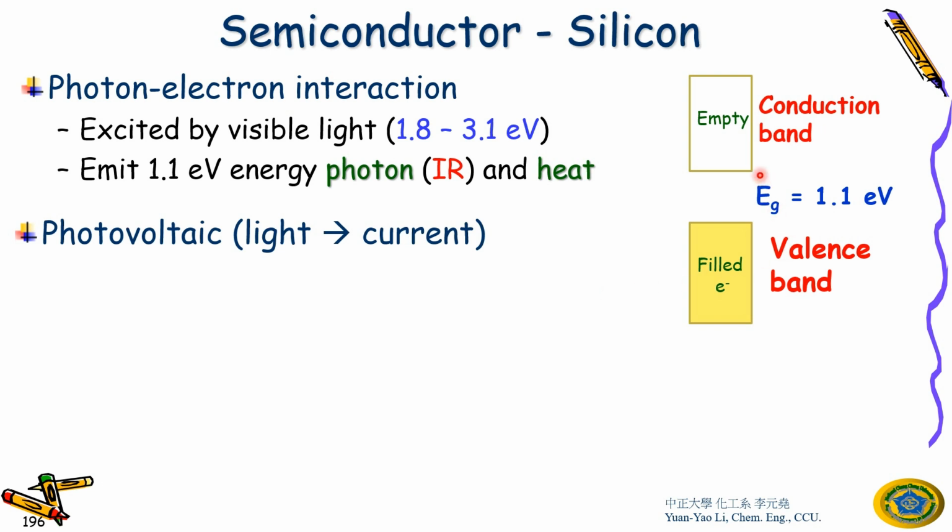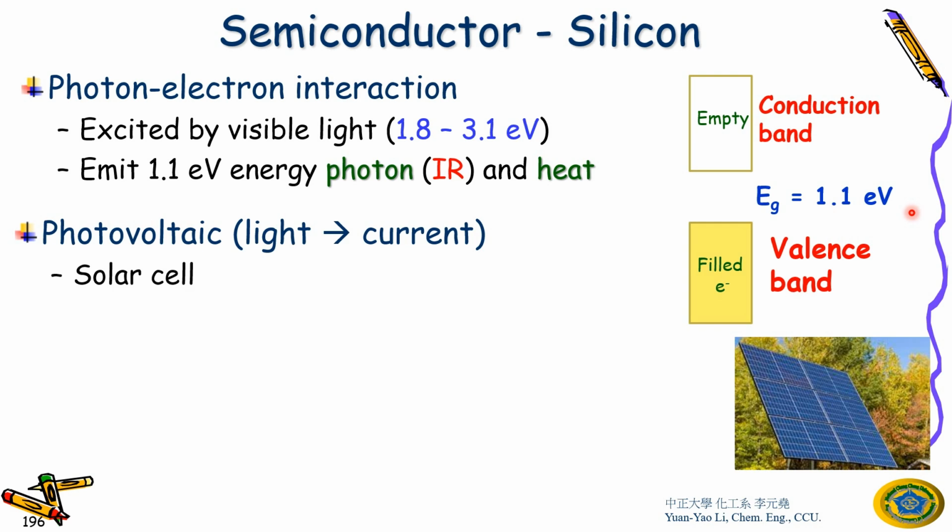And the application of this interaction is the solar panel, solar cell, right? Another one is photovoltaic. If we give light, we get current, this is a solar cell. And it can be a photodetector. I don't know if you are familiar with this kind of photodetector or not.